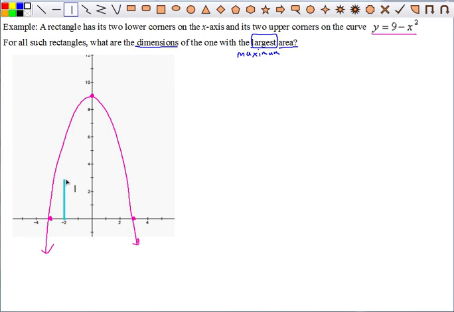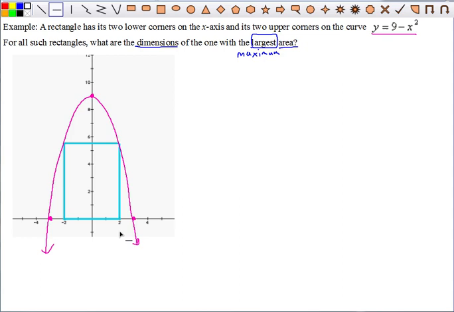I'm just going to put it right at -2 and 2. Put it anywhere in there. So that's one of those rectangles we could get. There's 2 lower corners on the x-axis and 2 upper corners on the curve.